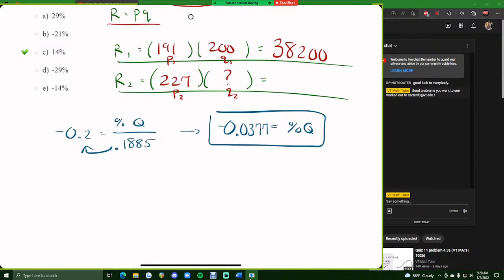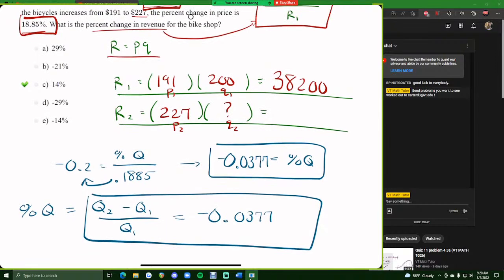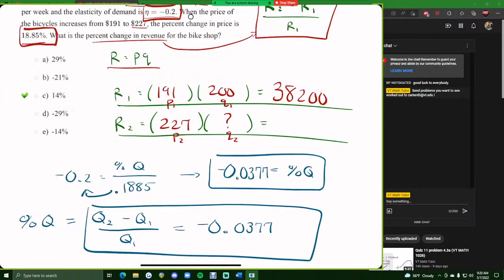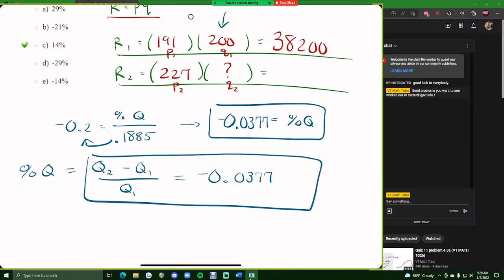Keep in mind, we know that to find percent change in something, we do Q2 minus Q1 over Q1. That's the new minus old divided by old. And we know that percent change in quantity here is negative 0.0377. So using this, our goal is to solve for Q2, and we have Q1. So we can plug in 200 wherever we see Q1 here.